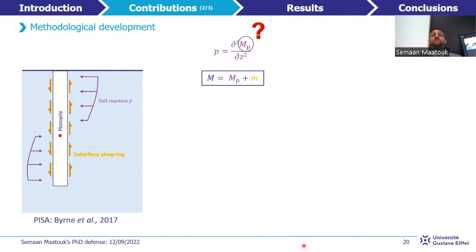According to Byrne et al. 2017, the total bending moment M along a large monopile results not only from the moment MP, which is just due to the soil reaction P as for a standard pile, but from a combination of the moment MP with the distributed moment small m that is due to the shear forces that act along the shaft of the monopile.